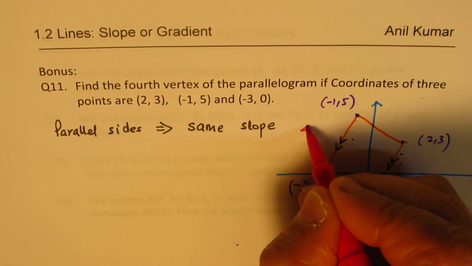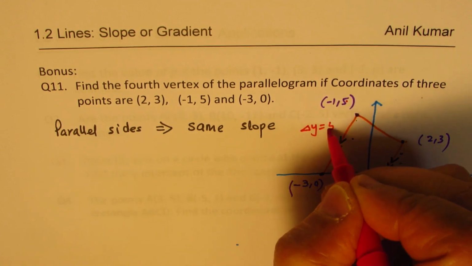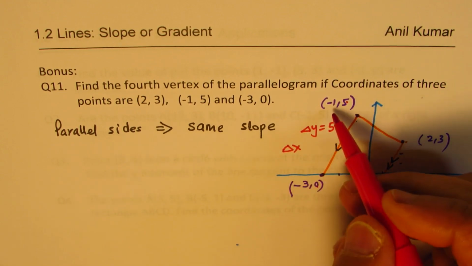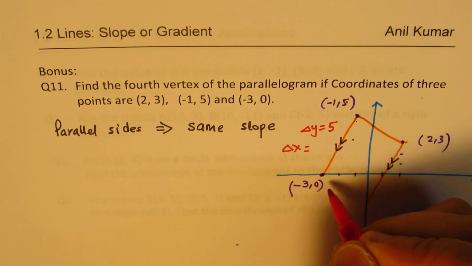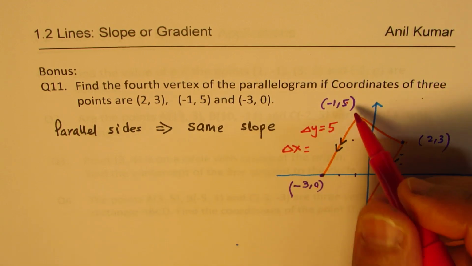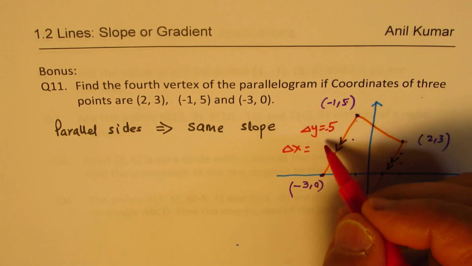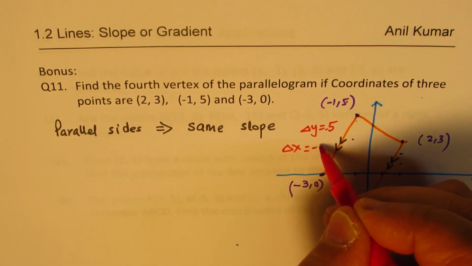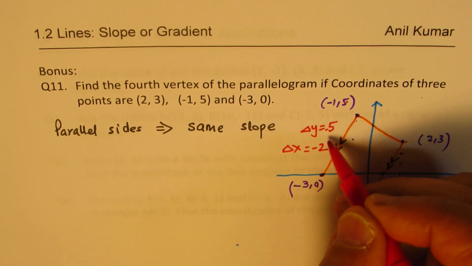So here delta y is basically equal to the change from 5 to 0, which is minus 5. I should have written minus 5: 0 minus 5, take away 5, you get this. And delta x, the change in x value, is from minus 1 to minus 3. Here you should take away 2, right, to get to minus 3. So that is the change.